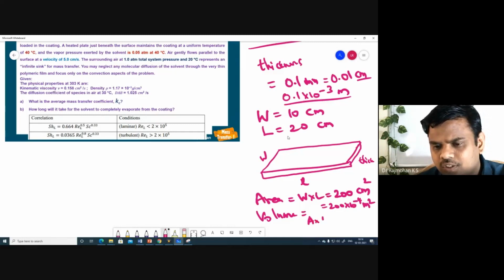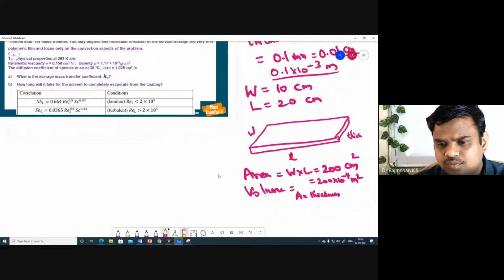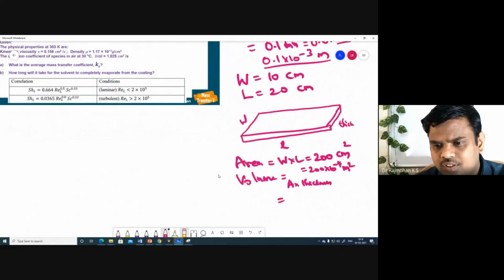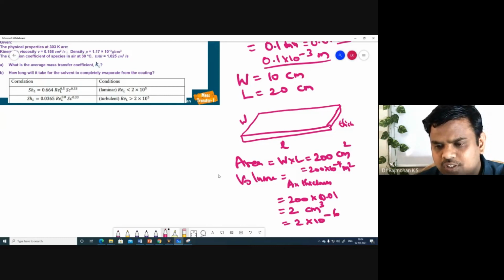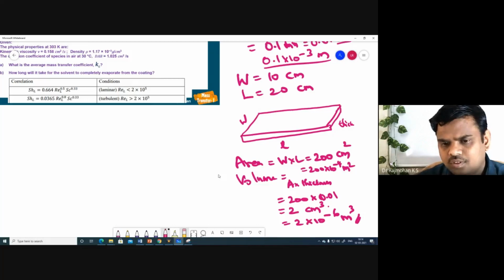Area into thickness, that is 200 into 0.01, that is 2 centimeter cube, or 2 into 10 power minus 6 meter cube. So this is regarding the dimensions given.